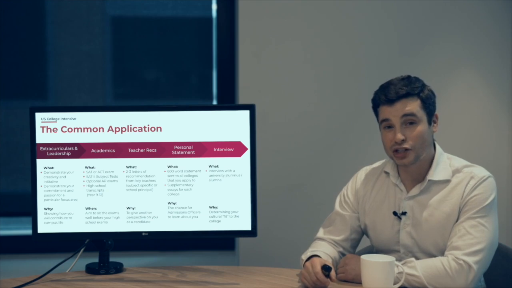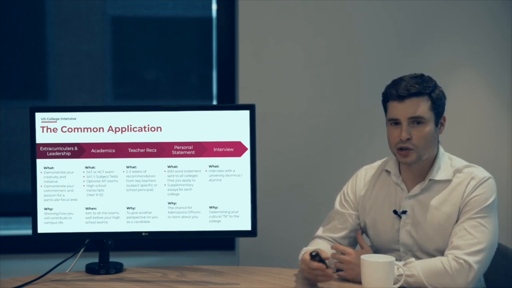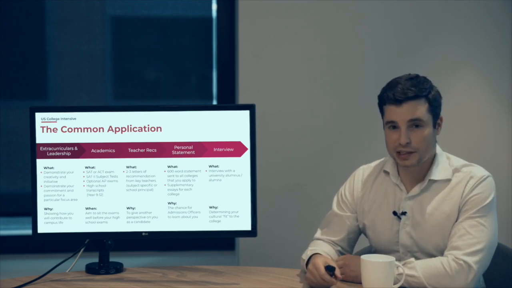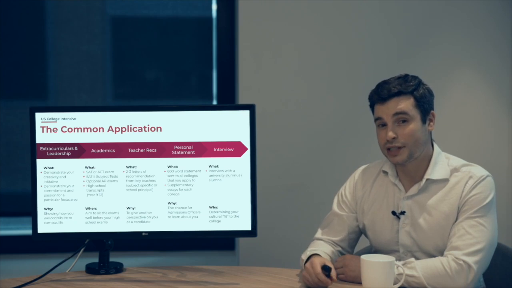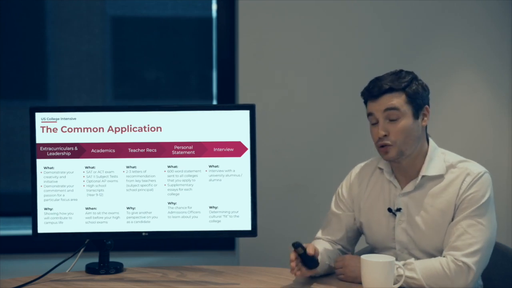Then the teacher recommendations, usually 2 to 3 letters of recommendation from teachers that are close to you or know a bit about what you do and what your goals are, and it really gives another perspective of you as a candidate for these universities. The next step is the personal statement. That's a 600-word statement sent to every college that you apply to.